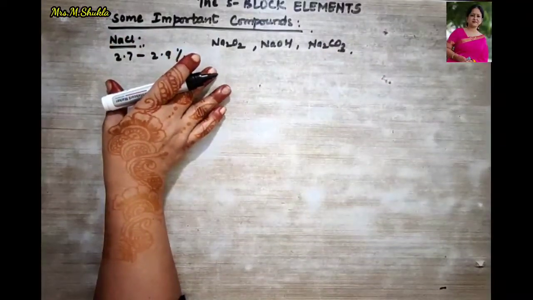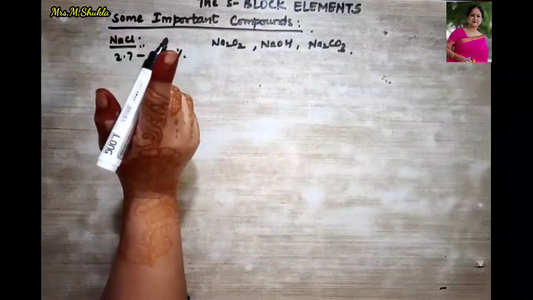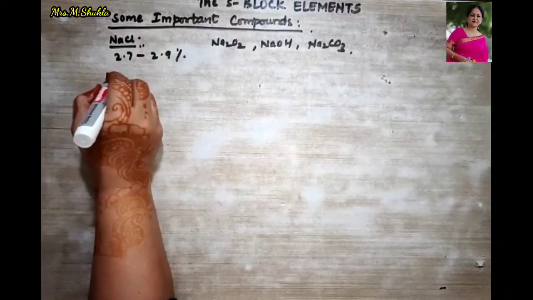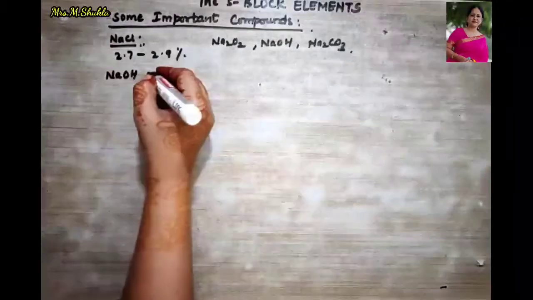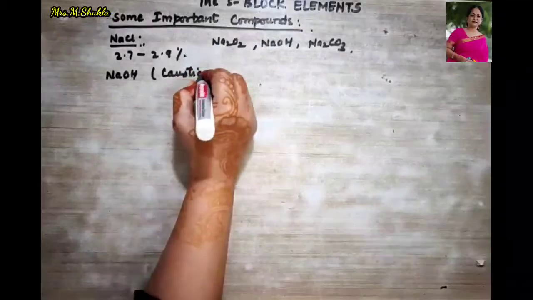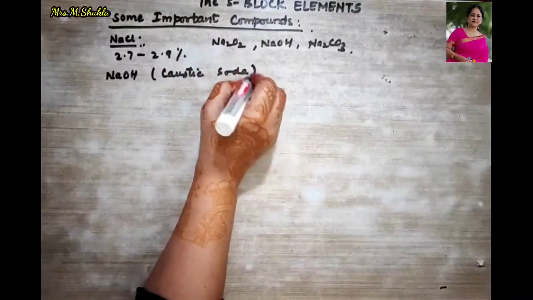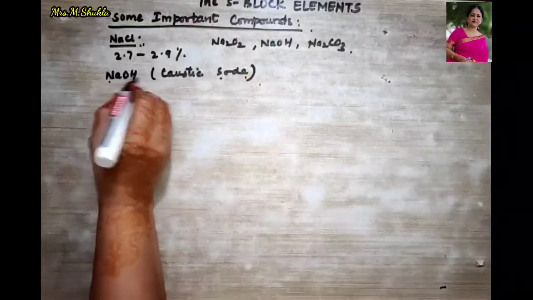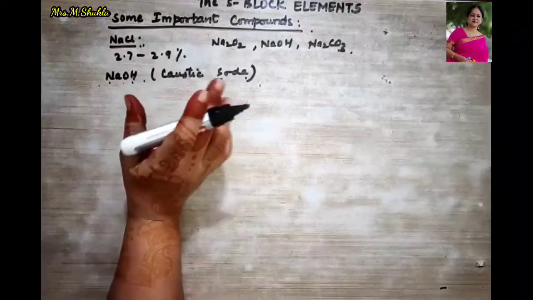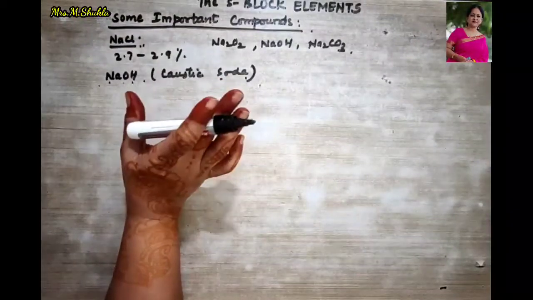So let us begin with the first compound, that is called sodium hydroxide, which is also called caustic soda. Soda means sodium, and caustic is always hydroxide. So sodium hydroxide. Now how is this prepared?